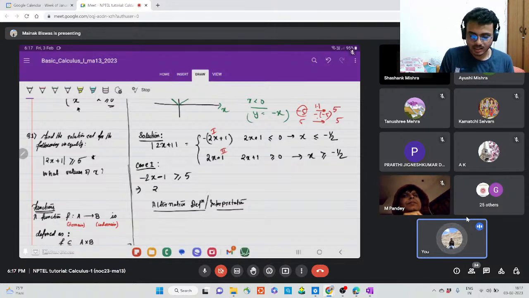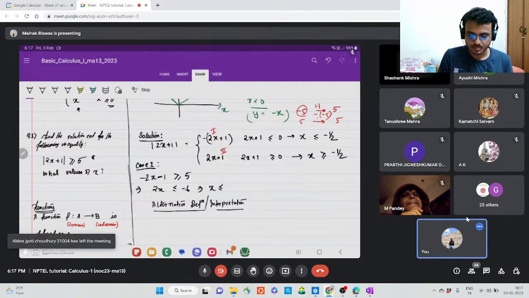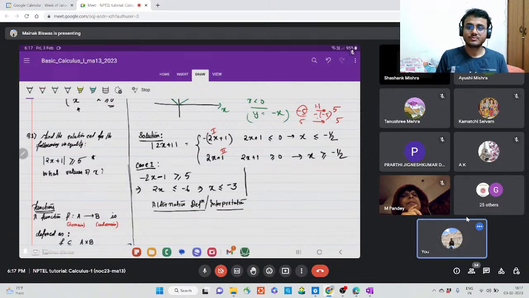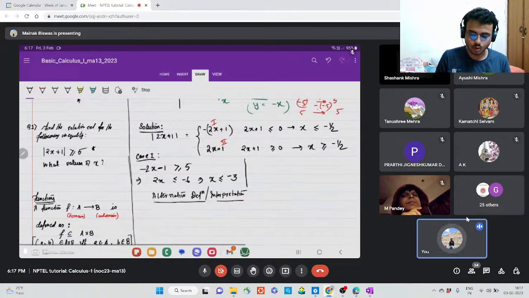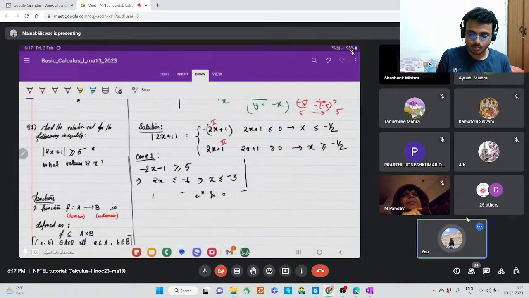So it will be 2x less than or equal to minus 6, which means x would be less than or equal to minus 3, right? So any number less than or equal to minus 3 would yield the first case. Now can you tell me, what are the two conditions?